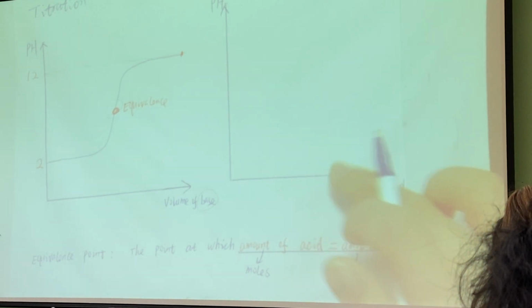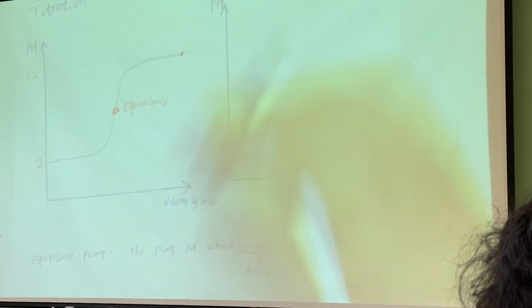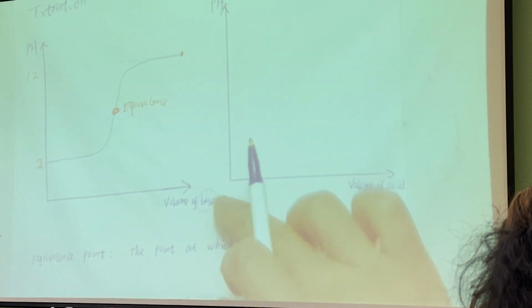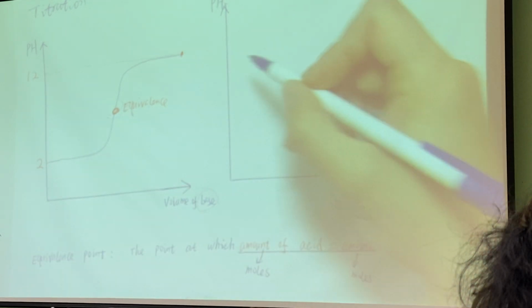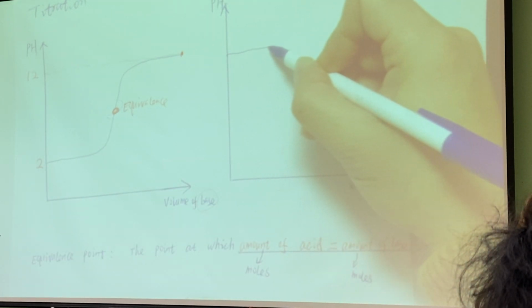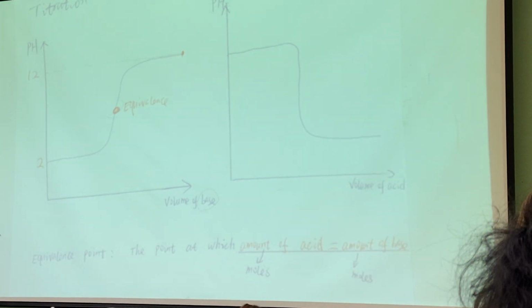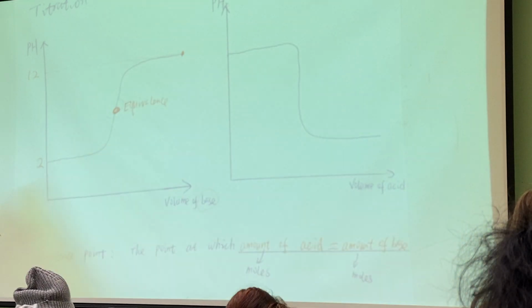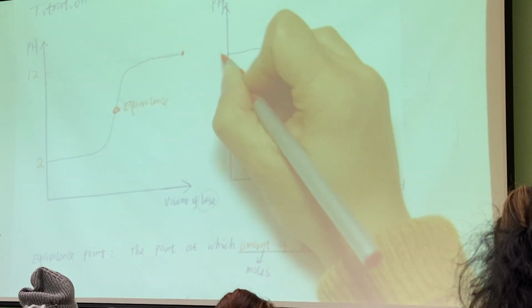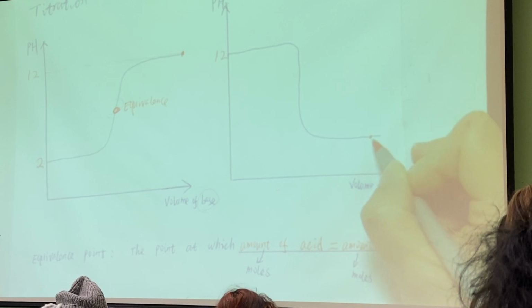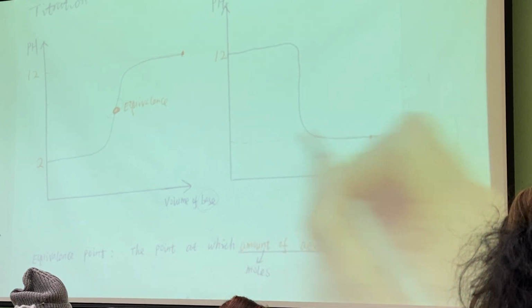Another possibility, since you're doing 1212 lab now: you can not only use a base to titrate an acid, but also an acid to titrate a base. When you use an acid to titrate a base, initially you get high pH, still 12, and then eventually you get a low pH.